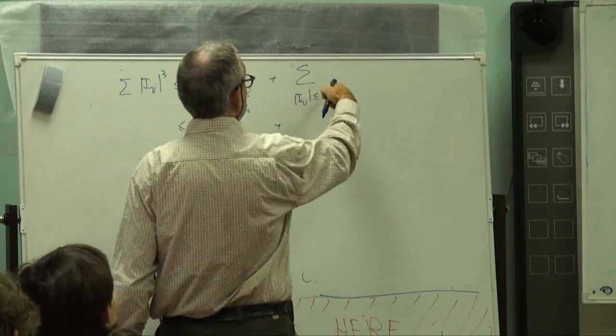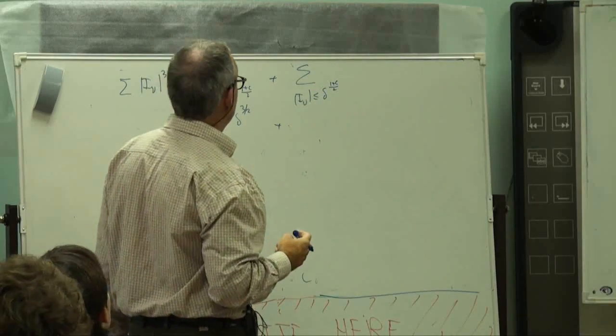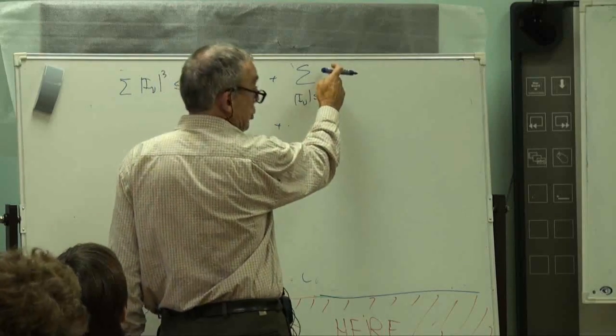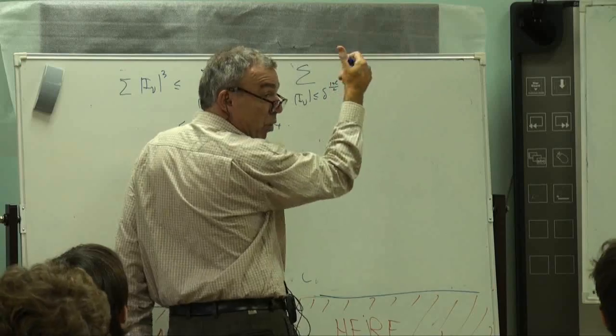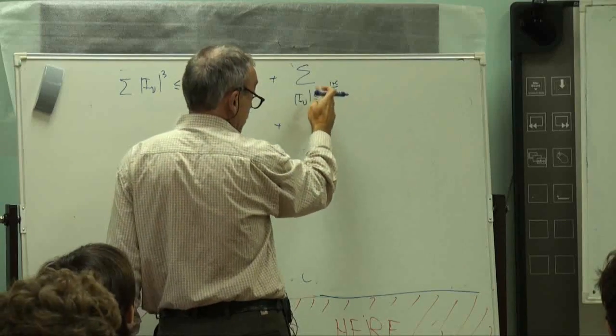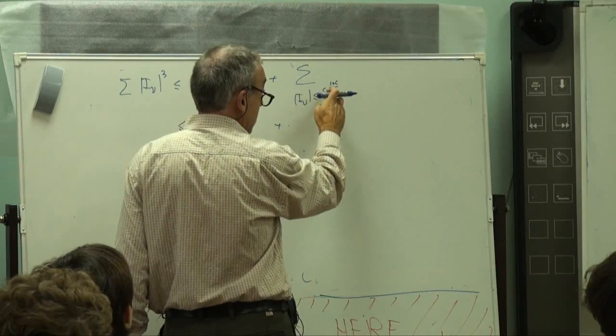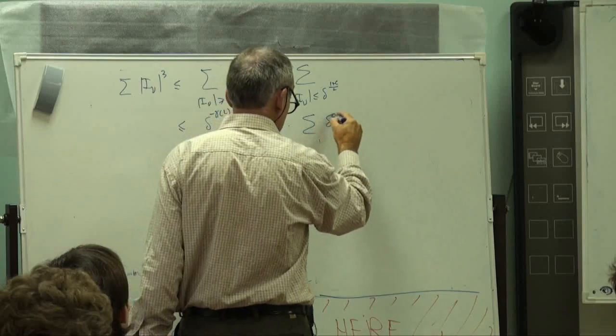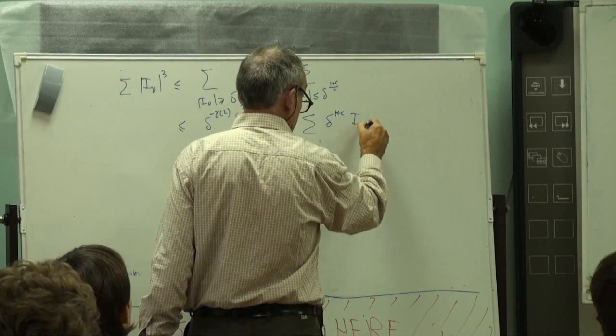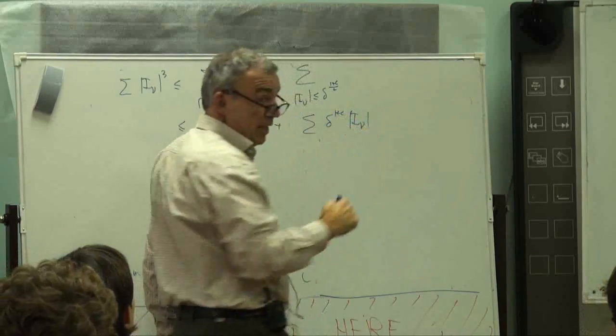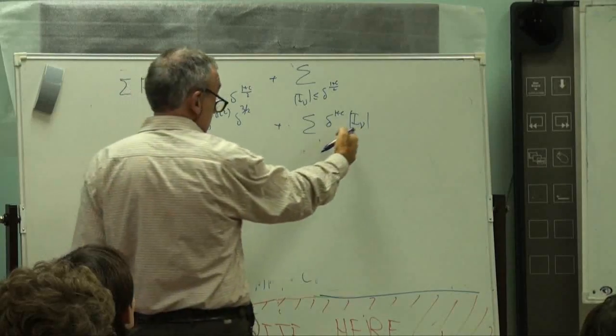And for those which are less than δ^((1+c)/2), we have |I_ν|³. So we just keep one |I_ν| and take |I_ν|². So |I_ν|² is less than δ^(1+c). And then we have |I_ν|, but then we use the fact that the I_ν are disjoint and the sum is less than 1.